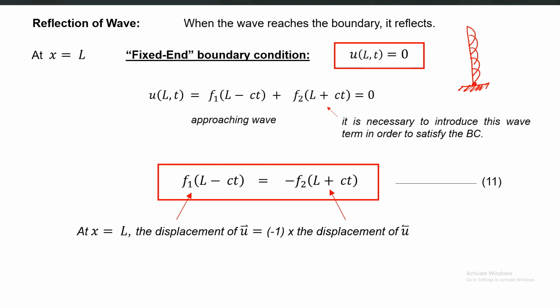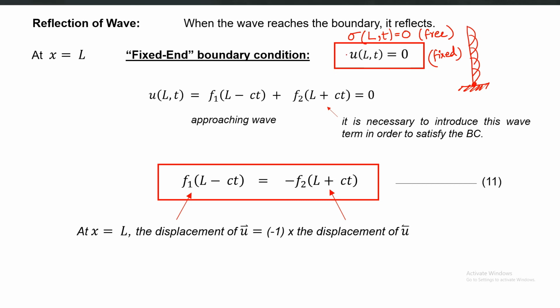This is not a free end now, it is a fixed end. So the boundary condition in that case would be u of L comma t equals 0. Please compare it with the previous boundary condition, which was stress of L comma t equal to 0. That was for the free case. Now this is for the fixed case. So let's apply this boundary condition now.